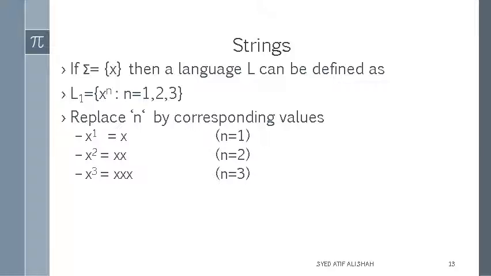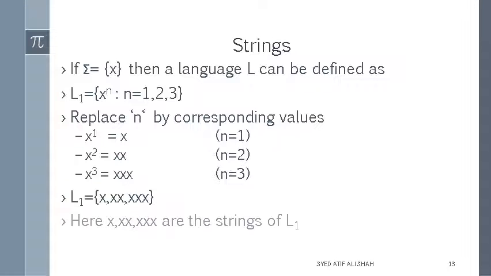So x^1 is equal to x, similarly x^2 is equal to xx, and similarly x^3 is equal to xxx. This way we have generated the language L1, which contains x, xx and xxx. So here we have the three strings of the language L1.